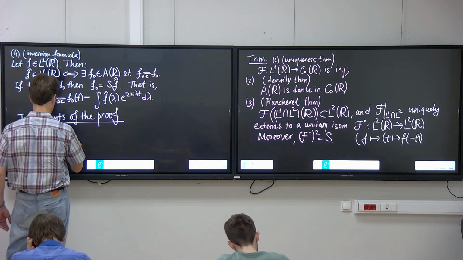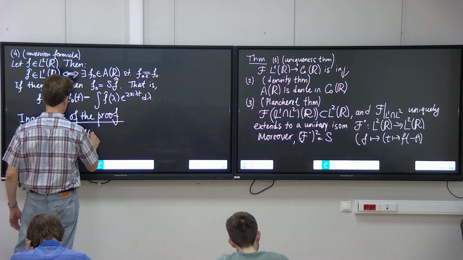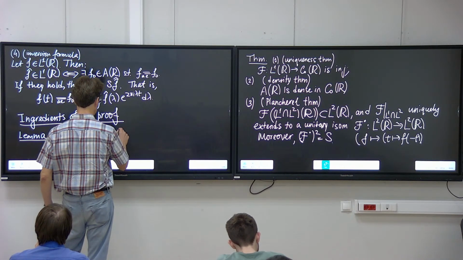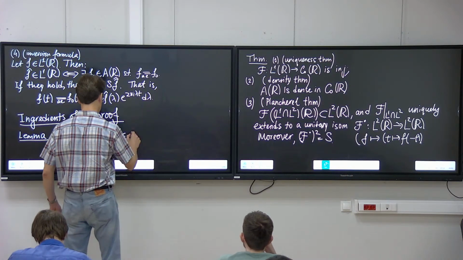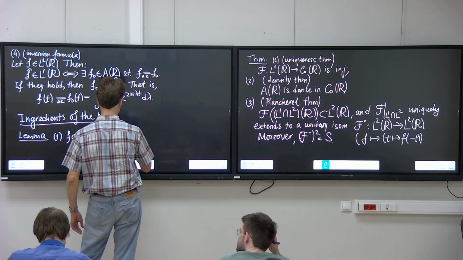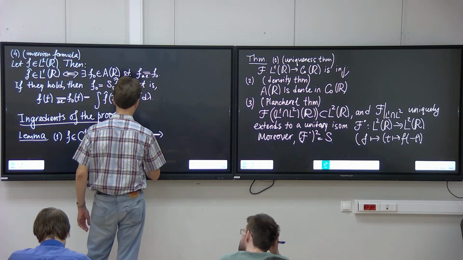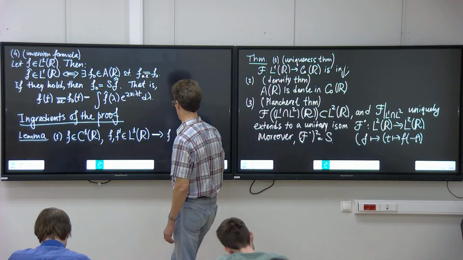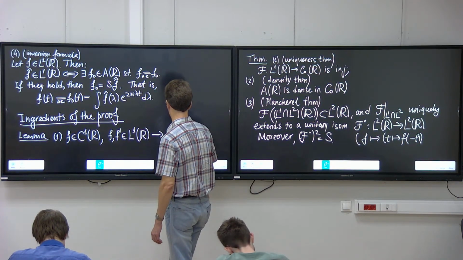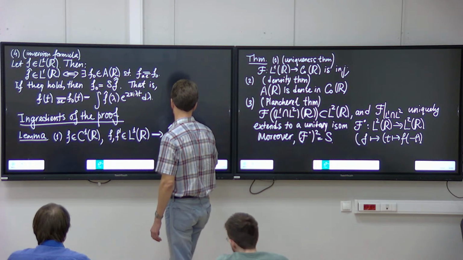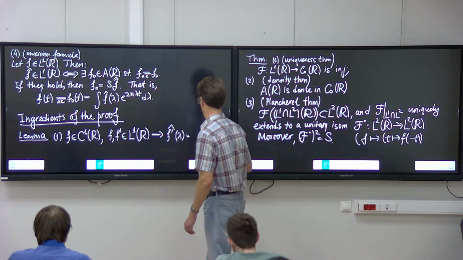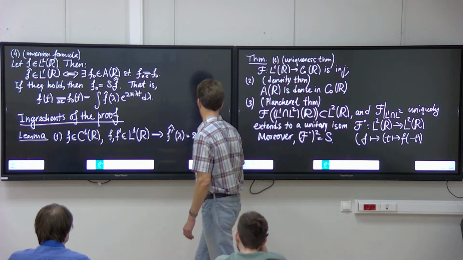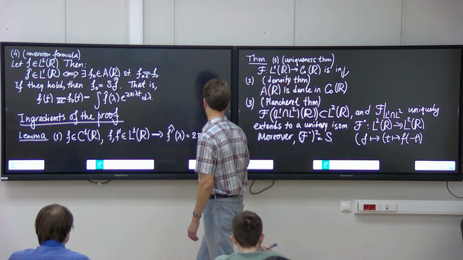If f is a continuously differentiable function on the real line, and both f and its derivative belong to L1, so they are integrable, then the Fourier transform of the derivative of f is related to the Fourier transform of f by the following formula: 2 pi i lambda f hat of lambda.